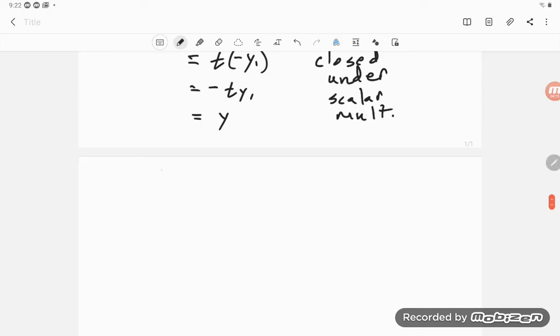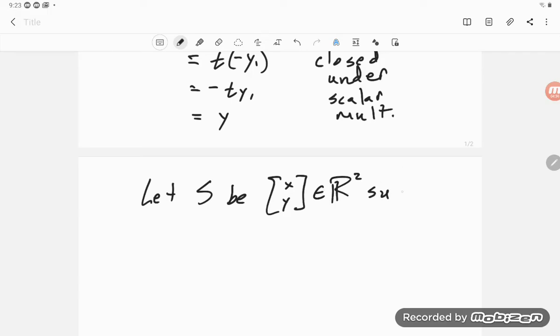Now, on the other hand, if we let S be (x, y) an element of R2 such that x equals negative y plus 1.